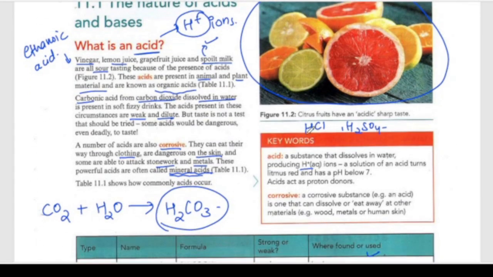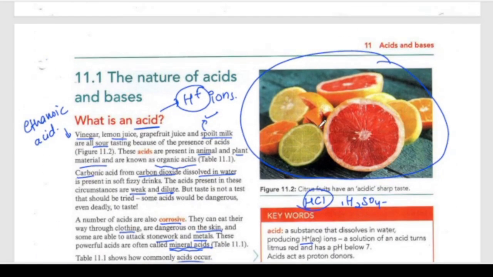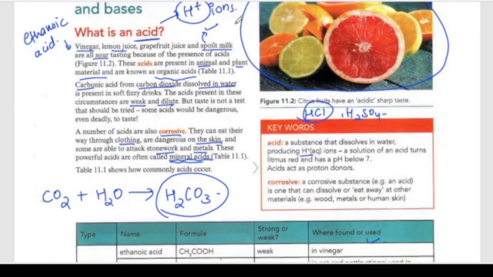For example, if I dissolve HCl in water, it will form H plus ions and Cl minus ions in the solution, right? So it dissolves in water. After that, they show that H plus ions are present. And if they have H plus ions after dissolution, don't you think they will also be able to donate them, right?